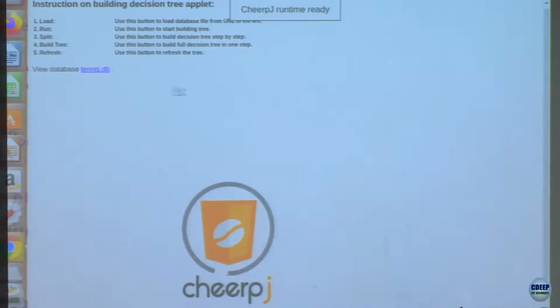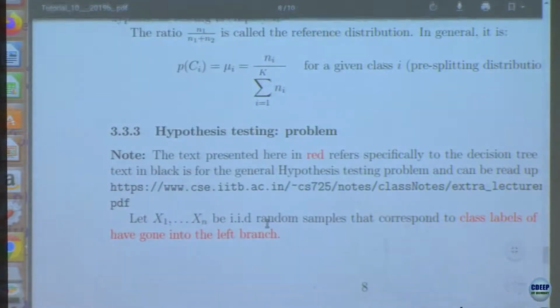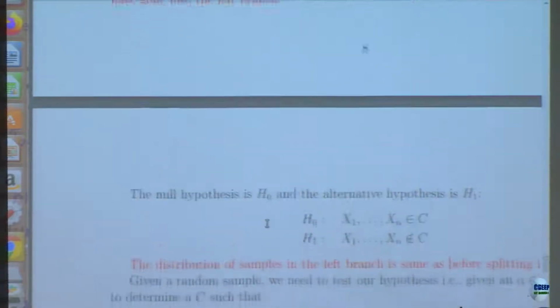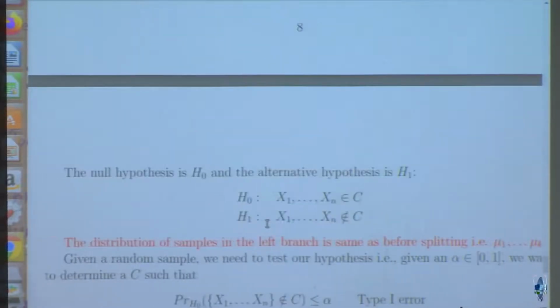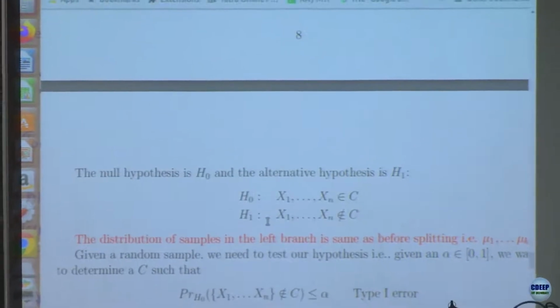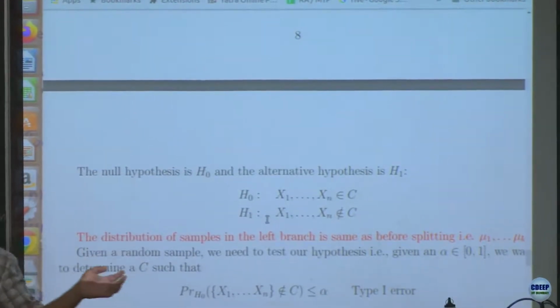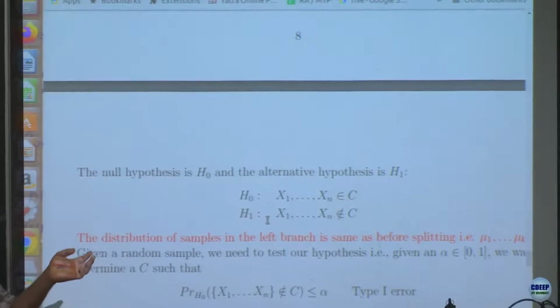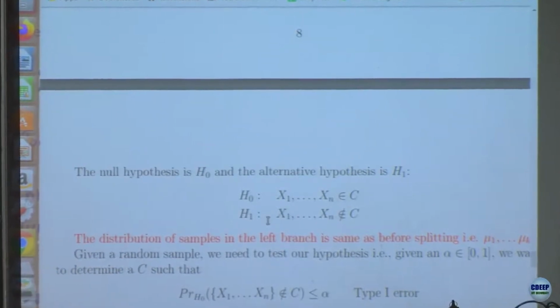Somehow it's not loading right now. I'll point you to the link, you can try it out. In my tutorial 10, I have this section on hypothesis testing, right? So we say that hypothesis testing can be used as a stopping criterion or a pruning criterion. You have done hypothesis testing in your 2 and 5? No hypothesis testing? Oh, so then ignore.